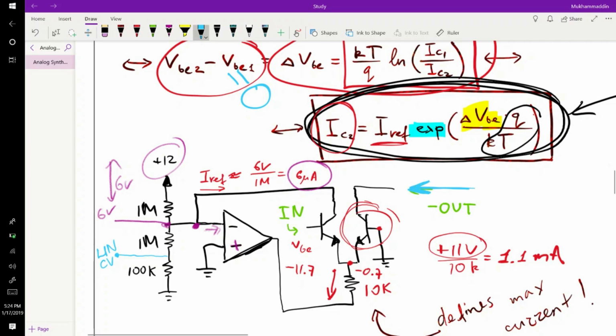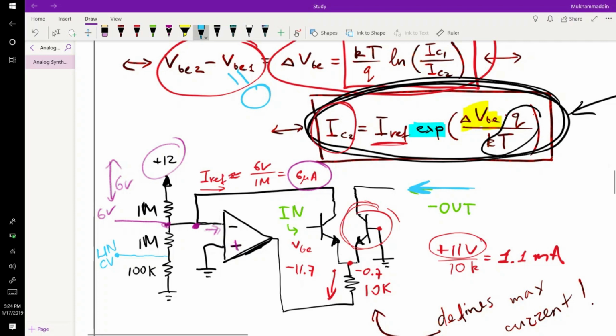I know it says output, but the effect is just negative current that is flowing into the circuit. That will be, I assume, output in this case.